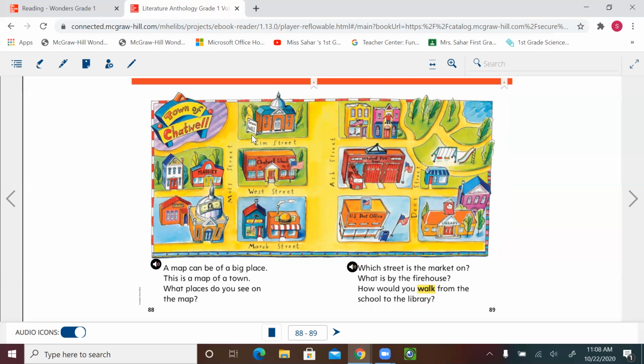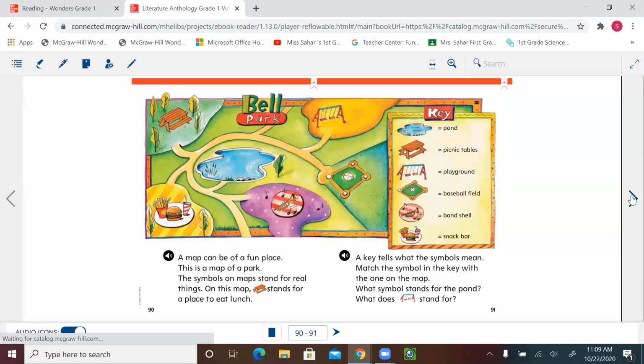And details, for example, here, the town one, it shows us places around the town and buildings. Yes, it shows us also what kind of places we can visit or we can see. And also we learn about key symbols that it shows you and help you to find the place you're looking for.